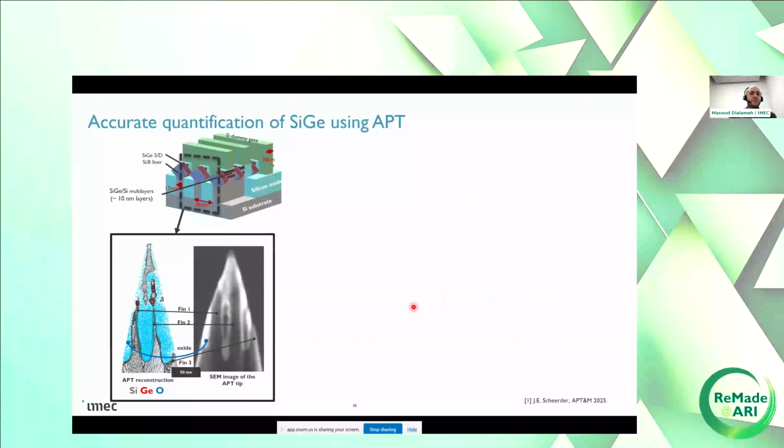This is the SEM image of an atom probe tip, which was prepared from the device. What you see here is three different fins. We have more than one device within the field of view at the bottom, but of course on top, the reddish one is the silicon germanium.